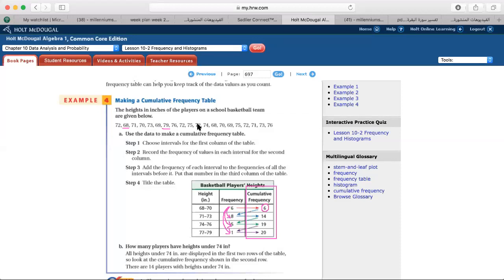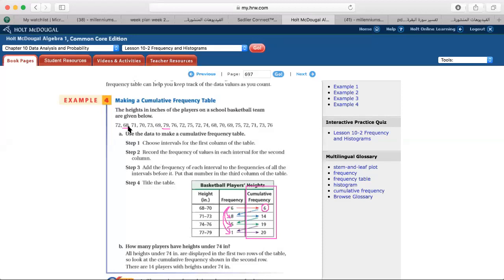If they are far, like 68 and 150, I'm going to choose a big interval. But they are near to each other, 68 and 79, so I'm going to choose an interval of 3. Then 68 to 70, 71 to 73, 74 to 76, 77 to 79.